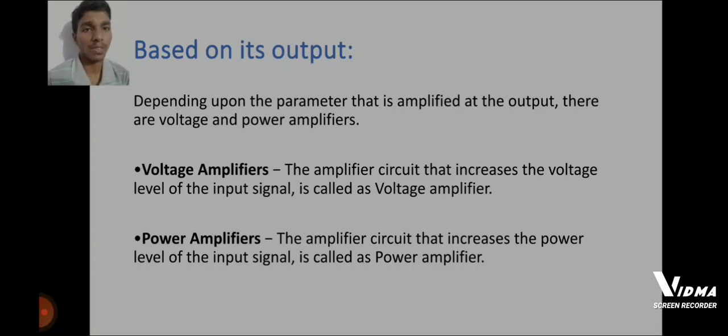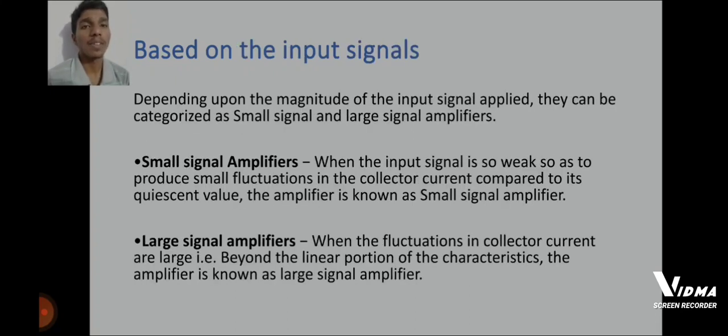The amplifiers are also classified based on the input signals. Depending upon the magnitude of the input signal applied, they can be characterized as small signal and large signal amplifiers. Small signal amplifiers: when the input signal is so weak as to produce small fluctuations in the collector current compared to its quiescent values, the amplifiers are known as small signal amplifiers.